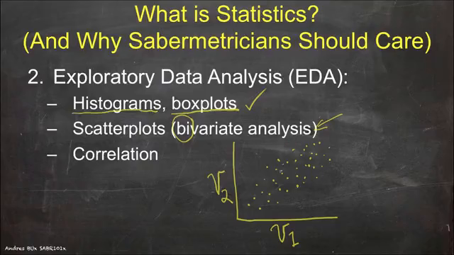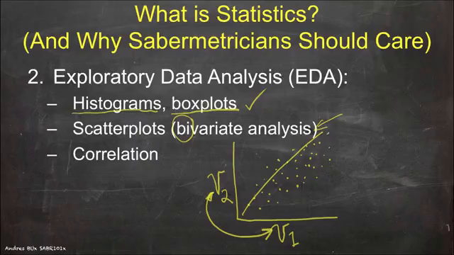The correlation, the description of how these two variables might be related. They might be correlated, and they might be correlated either weakly or strongly or not at all. So the whole idea of correlation is a future topic in Sabermetrics 101 when we look at how two variables might be related.